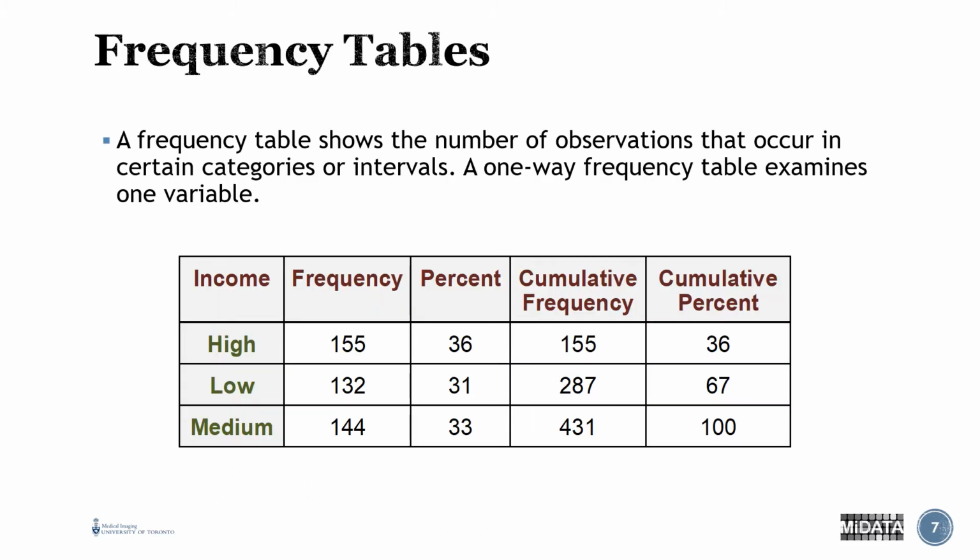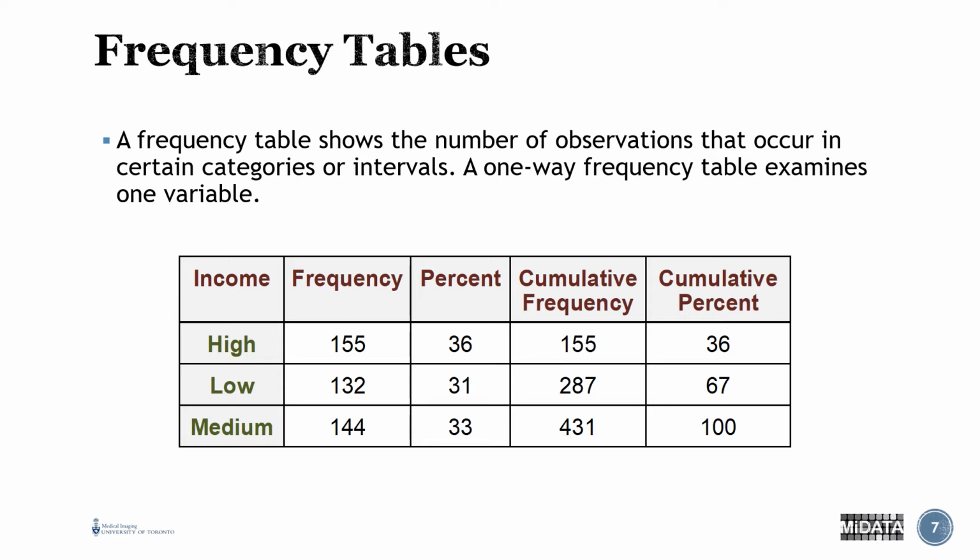Let's talk a little bit about how to organize your data in a meaningful way. Categorical variables often are displayed in what's called frequency tables, which is basically a table that shows the number of observations that occur in certain categories or intervals.